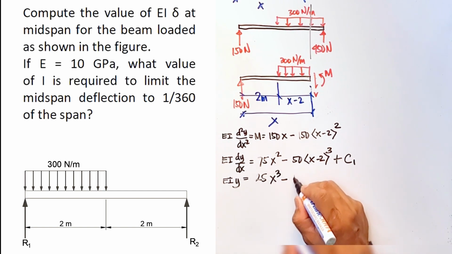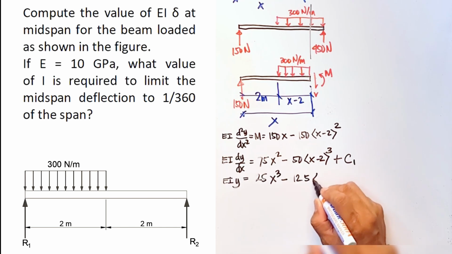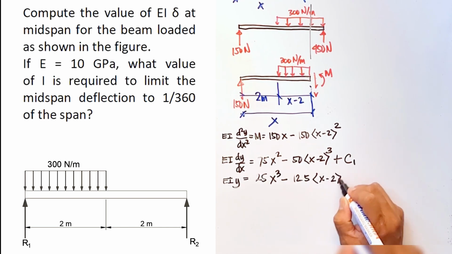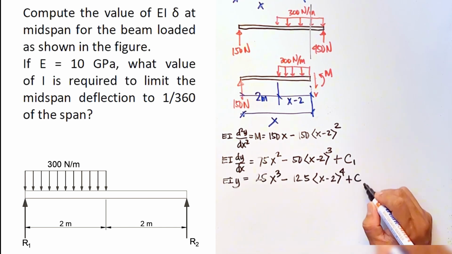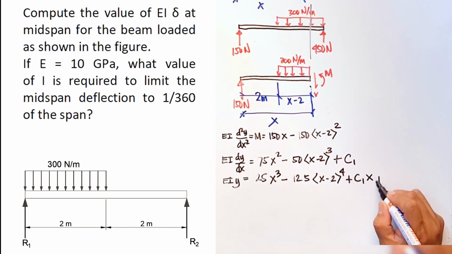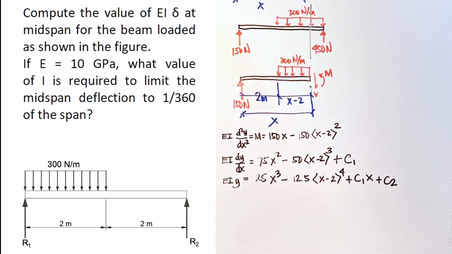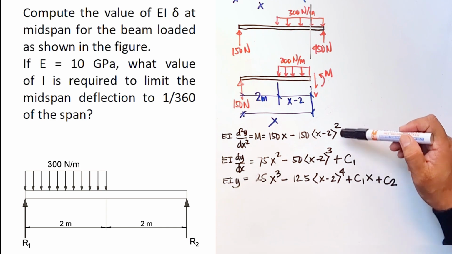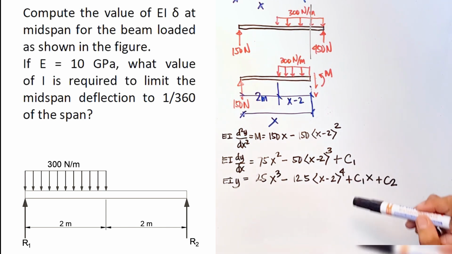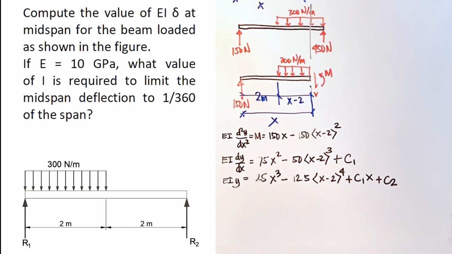So 50 over 4 is 12.5. Plus C1 multiplied by x plus the second constant of integration, C sub 2. Okay, again, so this is the moment equation, the slope equation, the deflection equation. We are going to solve for C1 and C2 now by using the boundary conditions.